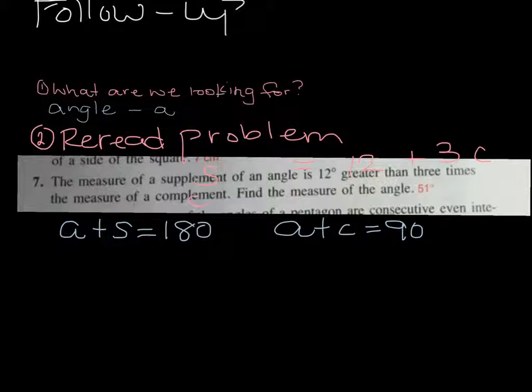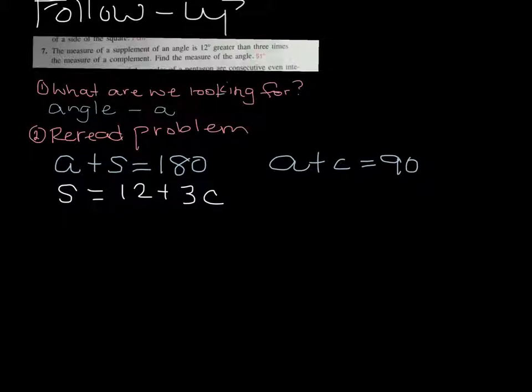I know this is a little hard to read, so I'll say it one more time. The supplement, S, is, clue for the equal sign, 12 greater than 3 times the complement, C. So now what I have is a system of 3 equations that I'm going to use to figure out what A is equal to.